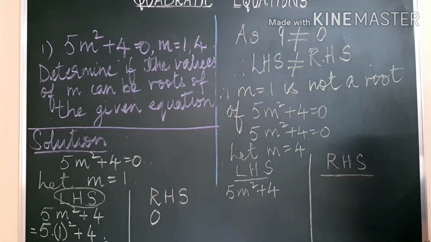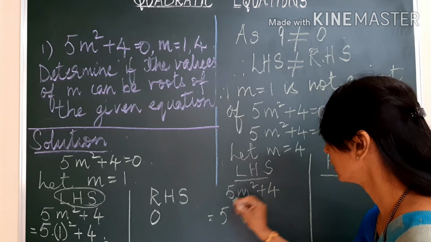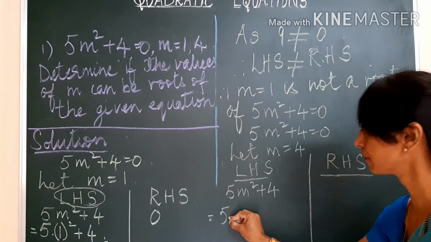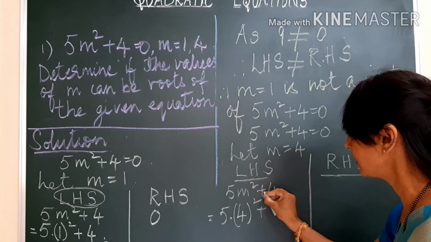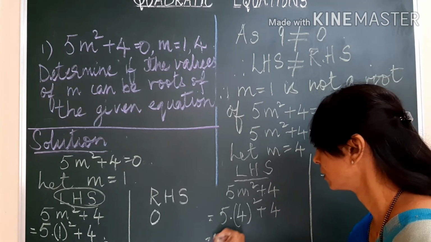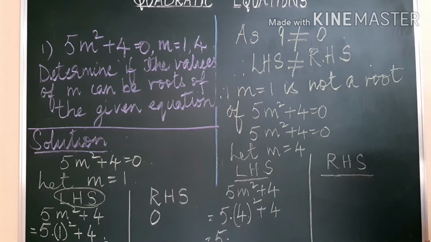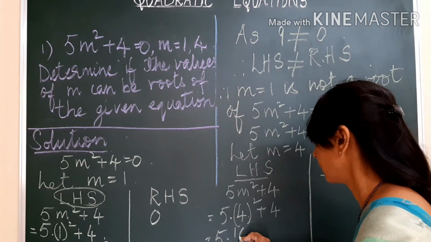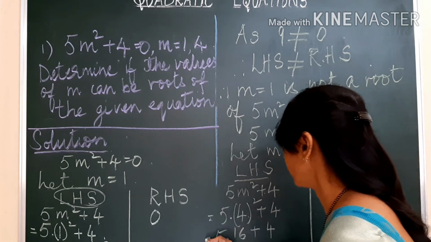Now let's substitute the value of m. 5 into, what is the value of m? 4. 4 square plus 4. So 5 into 4 4s are, children, 16 plus 4.